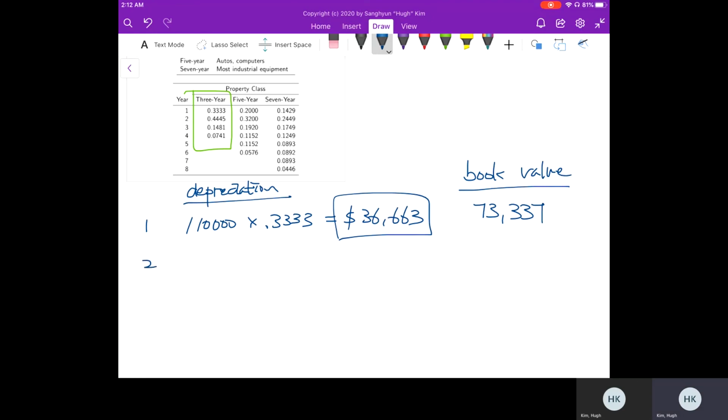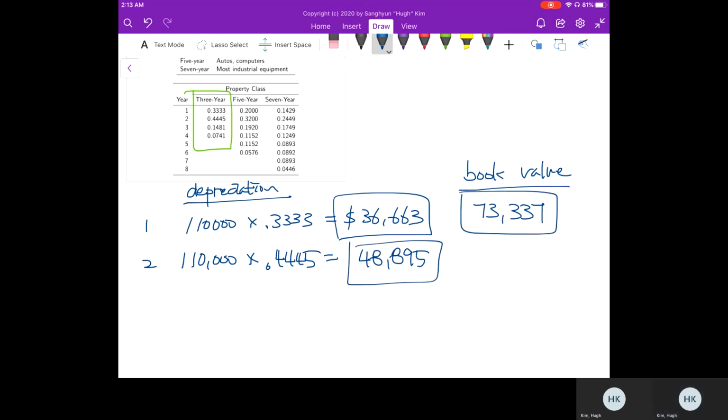In the second year, the depreciation will be 110,000 times 0.4445, so 44.45%. This will be $48,895. After the second year depreciation, the book value of the asset will become this minus this, $24,442.